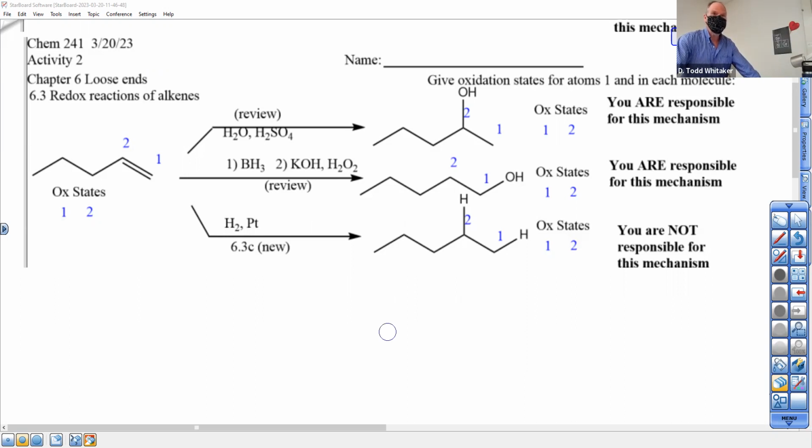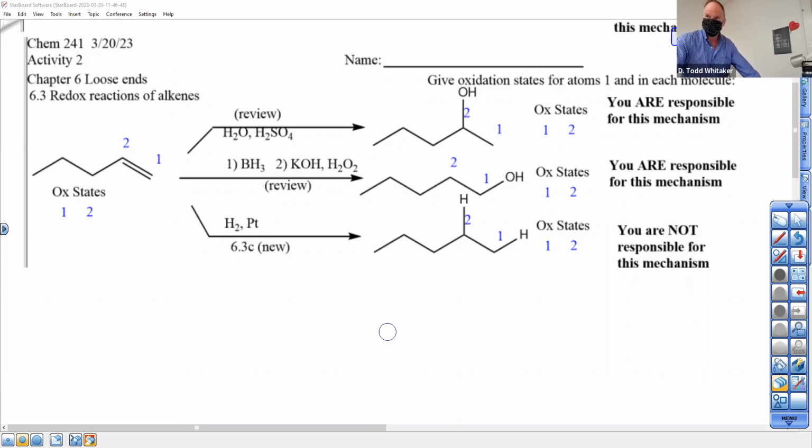If you are bonded to a more electronegative atom, then the electrons are further from you and closer to the other atom, you get an oxidation state of +1. If you are bonded to an atom with the same electronegativity, you get an oxidation state of 0. Assign an oxidation state for each bond, add them up, you have your answer.